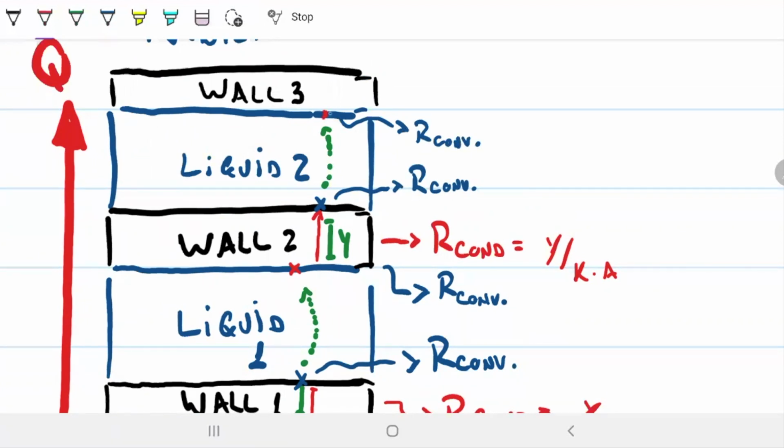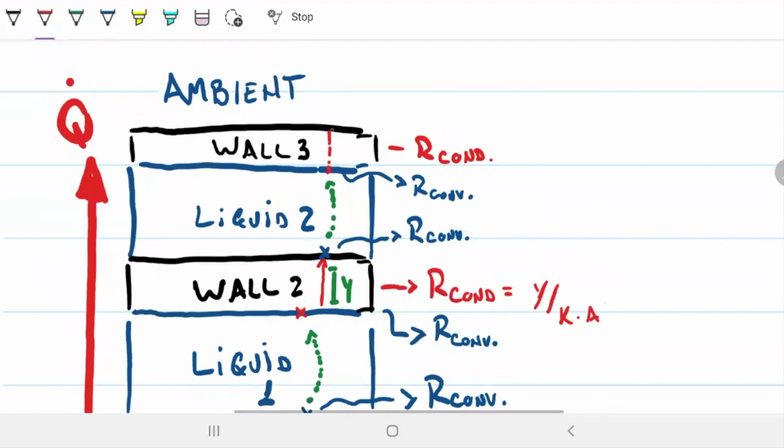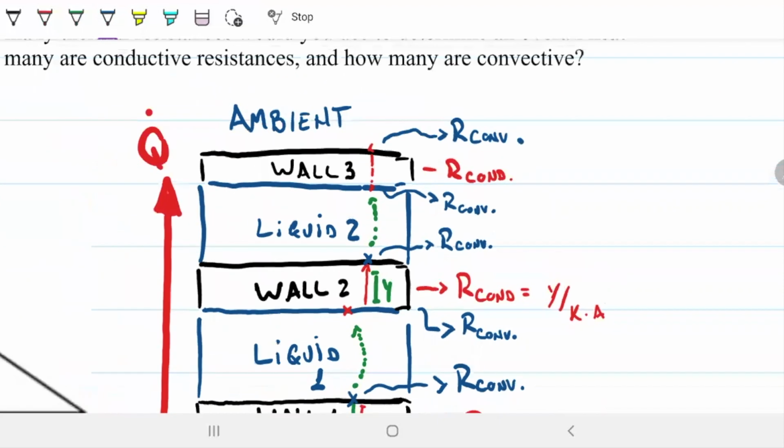Then we're going to have a conductive resistance. And finally, last but not least, heat finds its way upwards from wall 3 to ambient. That's also an interaction between a solid and a fluid, which renders another convective resistance.